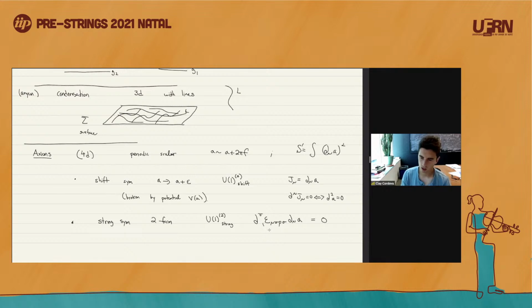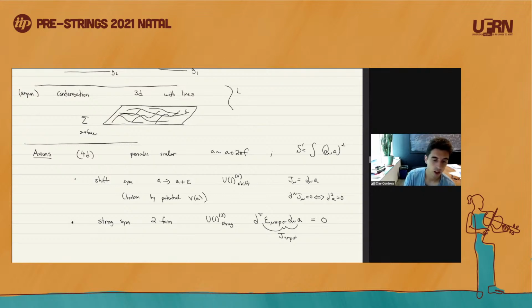So this is our current, a 3-form current. So this is a simple theory in 4 space-time dimensions that has a 2-form global symmetry, the periodic scalar.